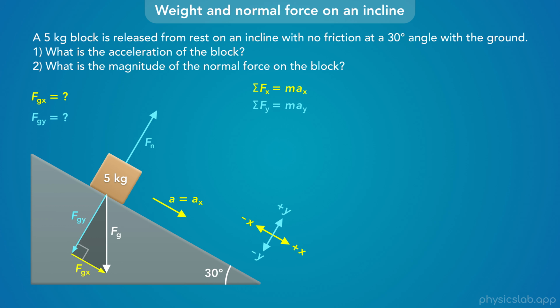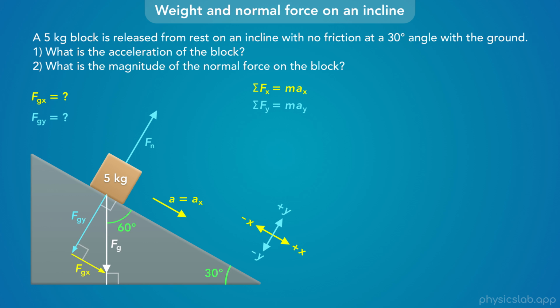There's multiple ways to think through this, and after you do it a few times, you'll probably just memorize which angle is which. But one way is to extend the line of the weight force vector to the ground, so that we form this right triangle. If this bottom angle is 30 degrees, then this top angle must be 90 degrees minus 30 degrees, which is 60 degrees.